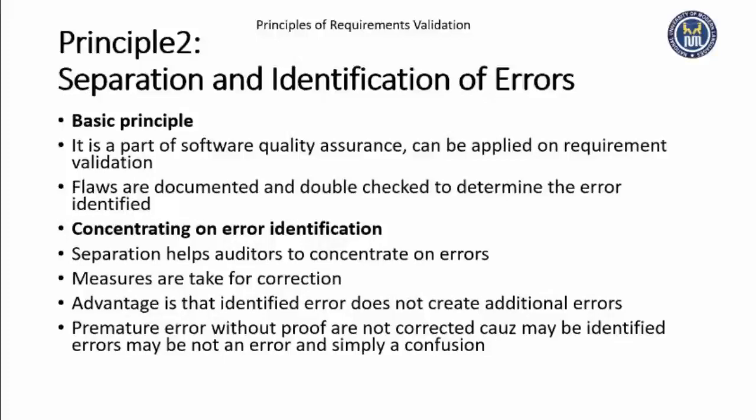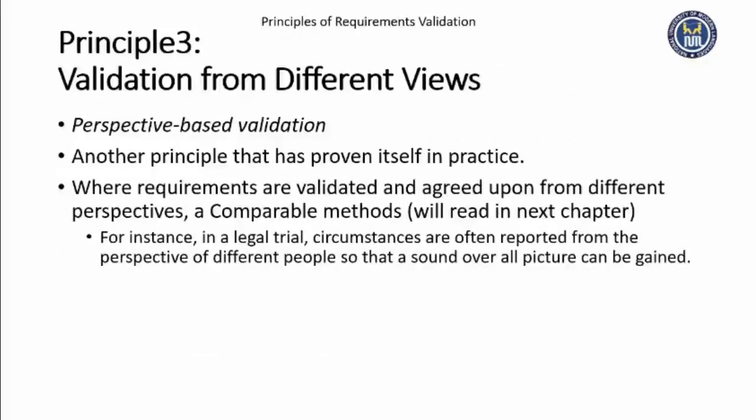So the next principle is validation from different views. Validation from different views means perspective-based validation. It is another principle that has proven itself in practice and is very useful, where requirements are validated and agreed upon from different perspectives. It is a comparable method. For instance, in a legal trial, circumstances are often reported from the perspective of different people so that a sound overall picture can be gained.